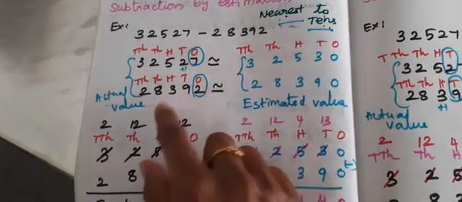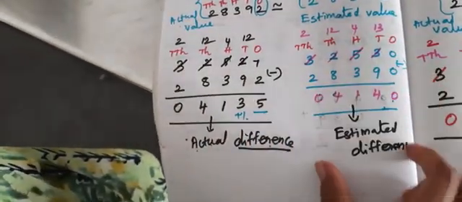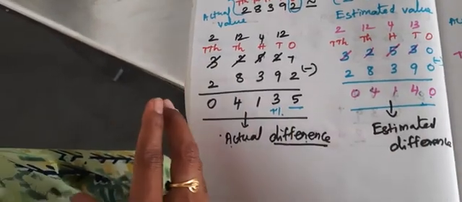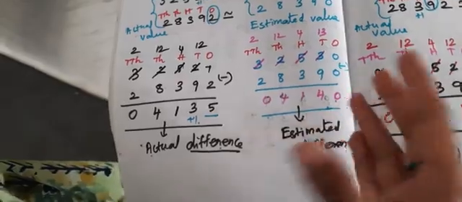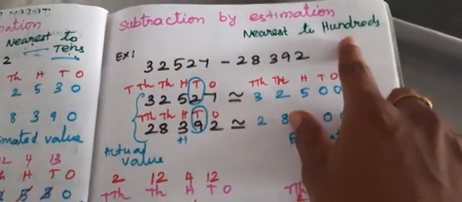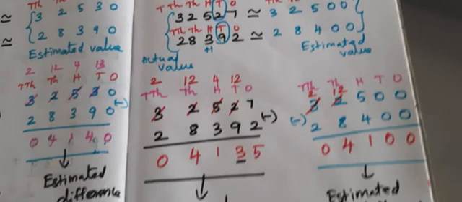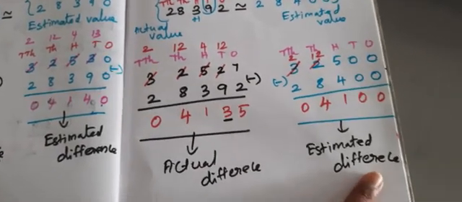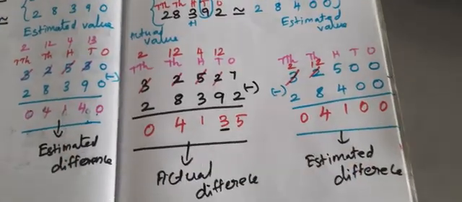This is the way you find the estimated value and arrange the numbers column-wise. Actual values are arranged separately and estimated values are arranged separately. Do you have any doubts in this? Next one, it is subtraction by estimation nearest to hundreds. Any doubts? Finally you have to check the answer. Okay, so thank you.